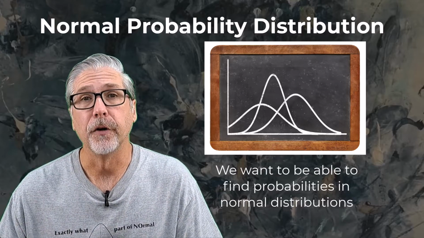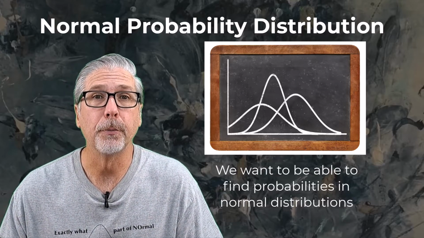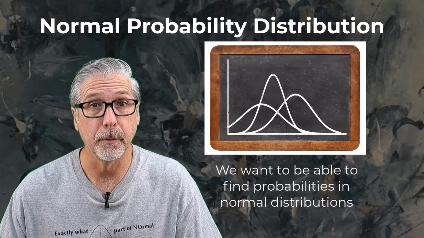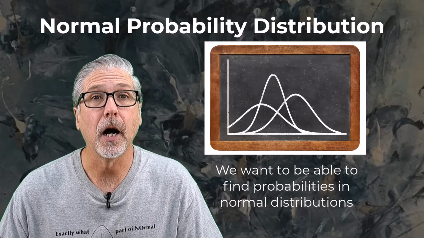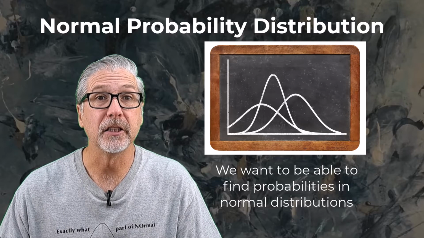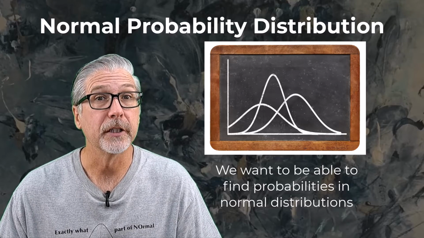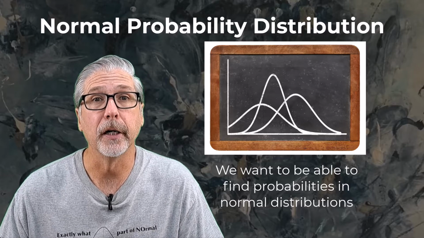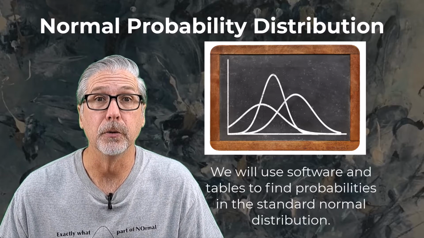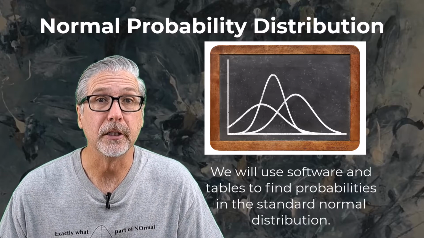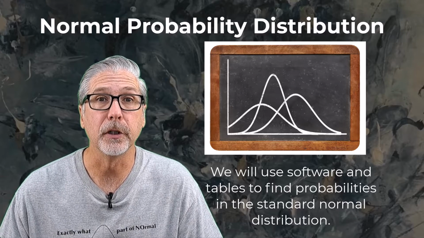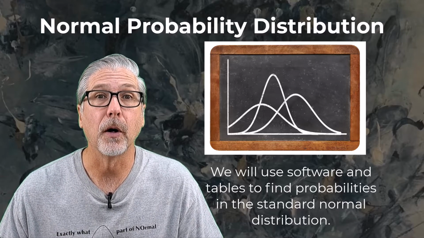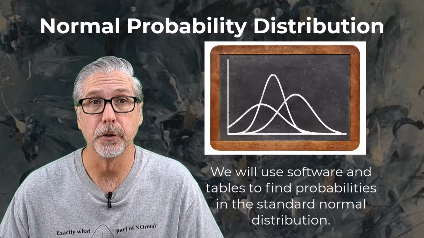There's some software available that allows you to find normal probabilities for different values of mu and sigma. However, it's much more common to find probabilities for a single normal curve called the standard normal distribution, or Z distribution. There are both computer programs and, more commonly used, normal probability tables that allow us to find probabilities for different values from this standard normal distribution.